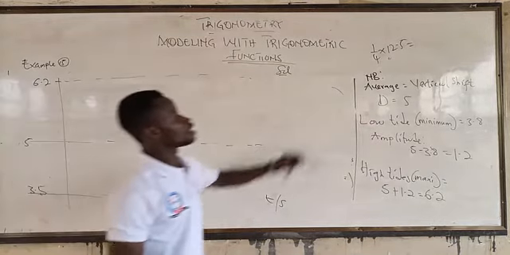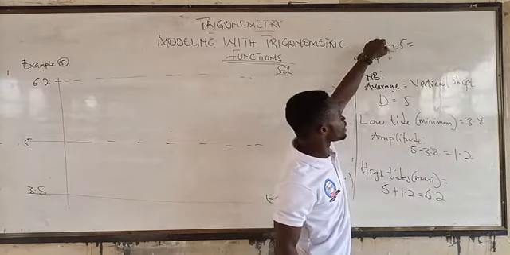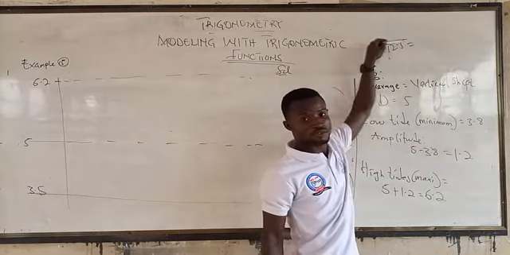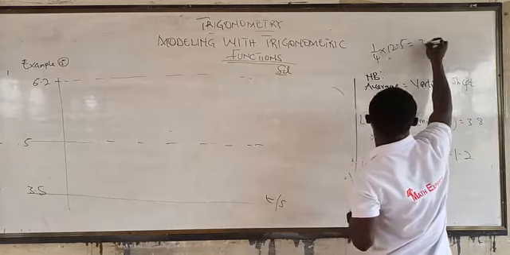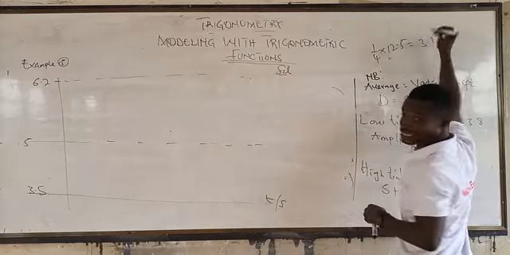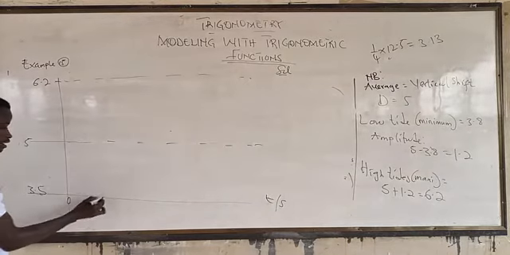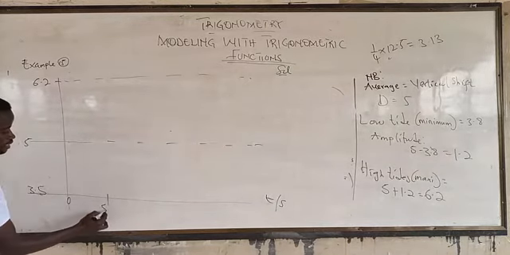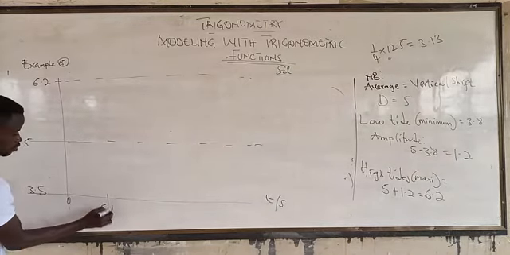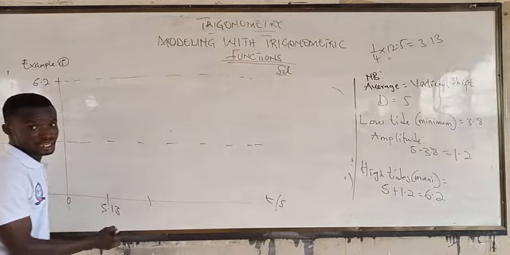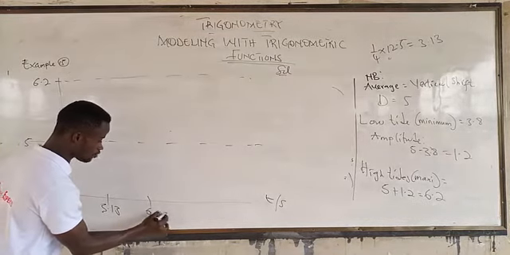So now with this, this is the period. You multiply by 1 over 4, and that's going to give you 3.13. So you start at 0, then you begin to add 3.13. The next will give you 6.25.